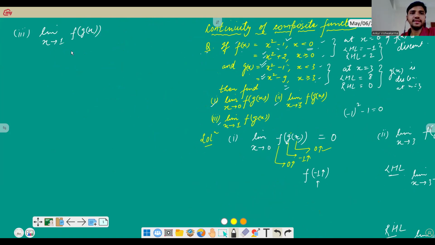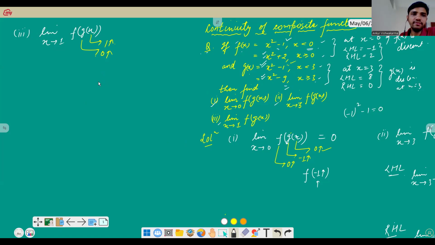When x tends towards 1, let us check the definition of g. We will use the first definition of g here because we are talking about when x is less than 3. So when x tends towards 1, g tends towards 0, obviously: 1 square minus 1 is 0.